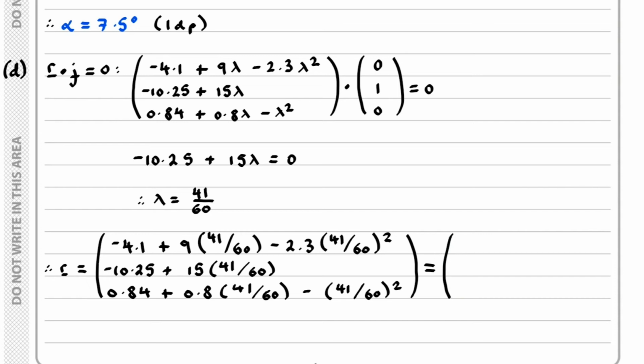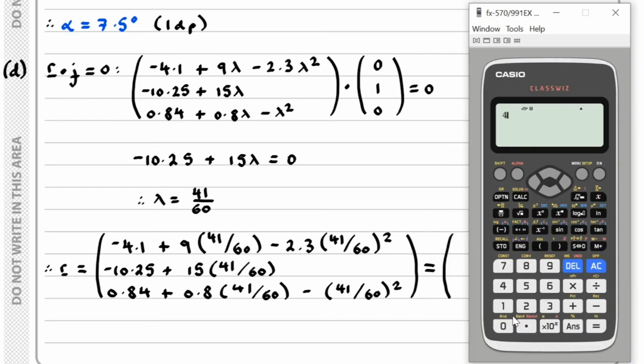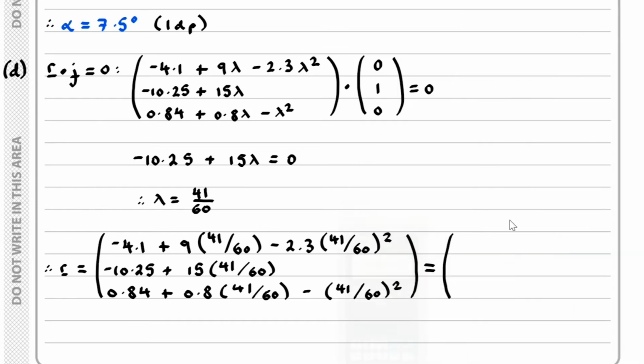And if I work this out, minus 4.1 plus 9 times 41 over 60 minus 2.3 times 41 over 60 squared, we get 0.976.